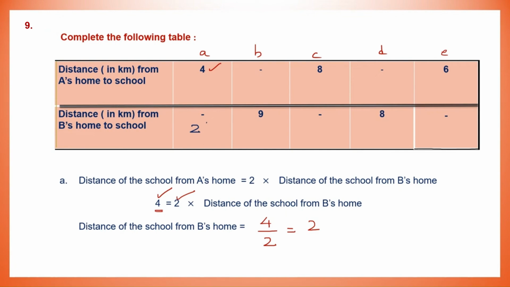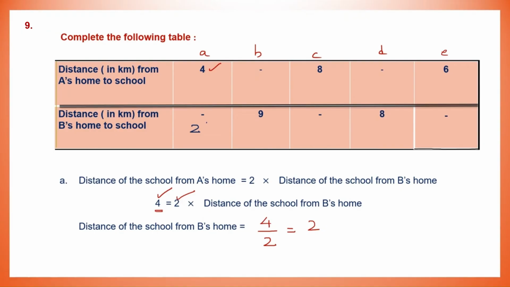As you can see, if you look at the first column, 4 and 2, B's distance is half of 4, or A's distance is double B's. So now we can easily find out all these. If B is 9, A is 9 into 2, that is 18.